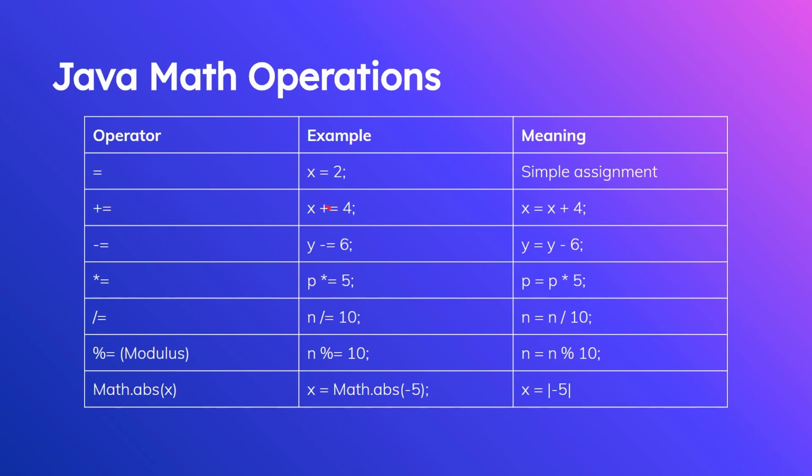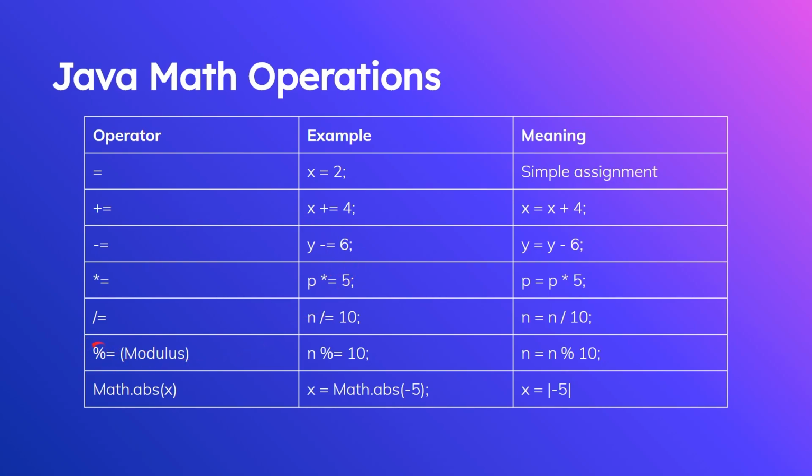So this plus sign happens before the equal sign. So x plus 4 is computed, and then you assign your output to the variable x. And likewise, same procedure for subtraction, multiplication, and division when it's minus equals, times equals, or divide equals, where we have y minus 6 and then store that result into y.